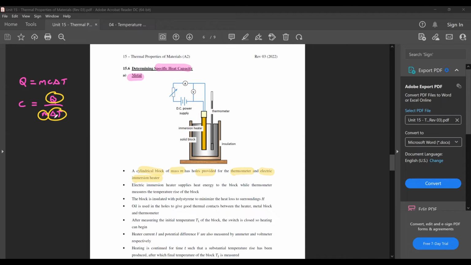This mass M I can measure using my mass balance. Now what is the purpose of your thermometer and your electrical immersion heater? It goes without saying that your electrical immersion heater is meant to provide heat energy to the block. It's meant to heat up the block. And your thermometer is meant to measure the temperature rise of the block.